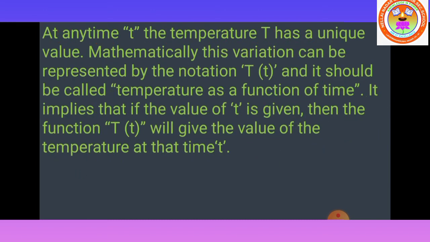So at any time t, the temperature has a unique value. Mathematically, the variation can be represented by the notation T of t. The temperature at any instant of time is noted by T of t, and it is called temperature as a function of time.